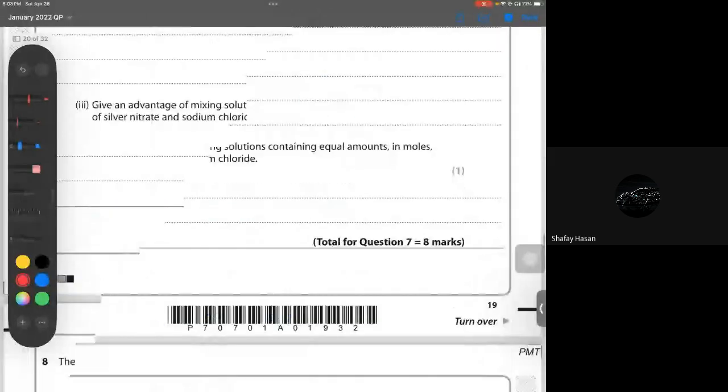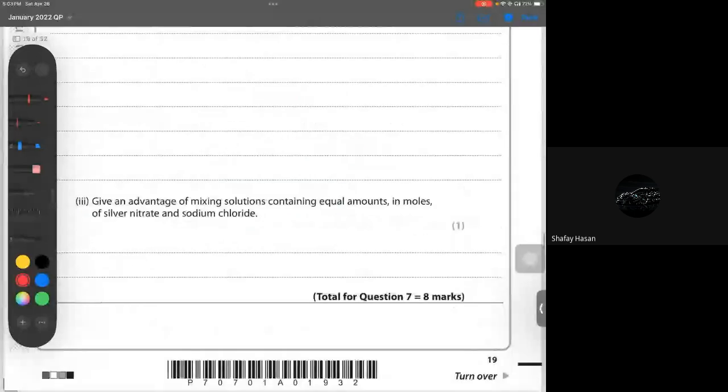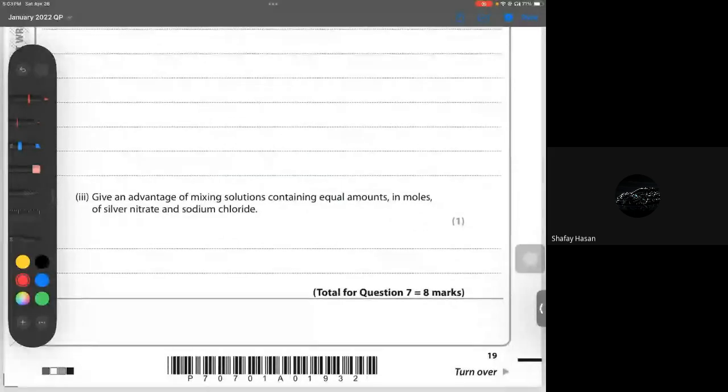Now, give an advantage of mixing solutions containing equal amounts in moles of silver nitrate and sodium chloride. This is of 1 mark. Containing equal amounts.